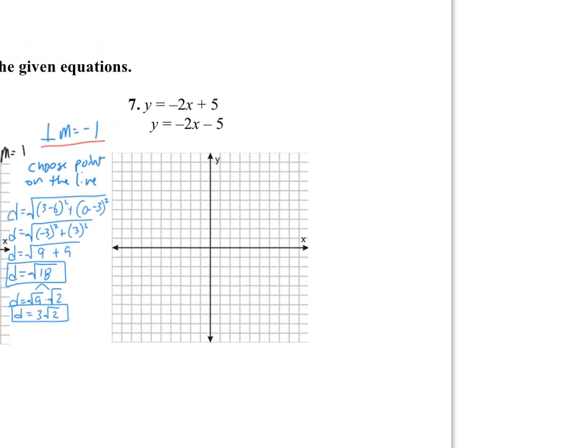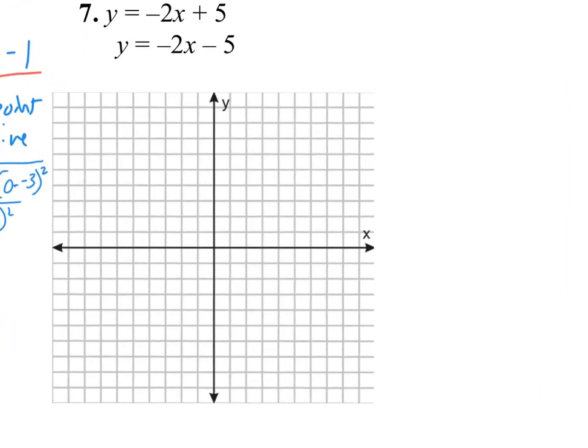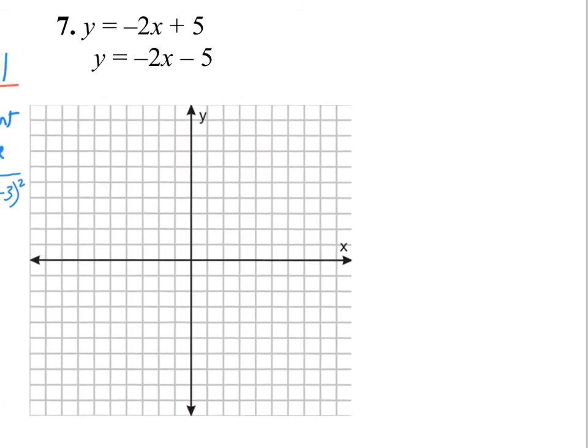All right, so now let's take a look at number 7. We're going to do the same thing we just did in number 6, but I'm going to go ahead and plot these graphs. The first one, I know we have a slope of -2, but a y-intercept of 5. So I'm going to start at a y-intercept of 5 and go 1, 2, 3, 4, 5. Okay. And I have a slope of -2.